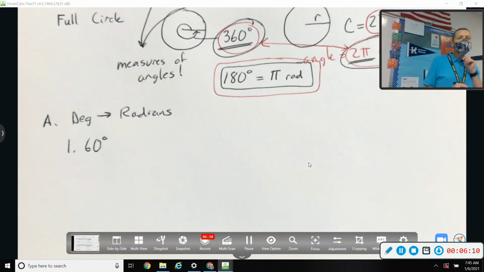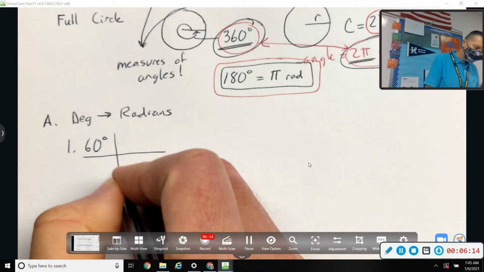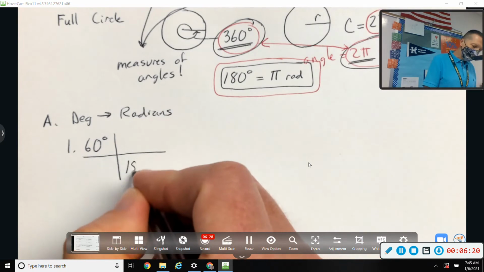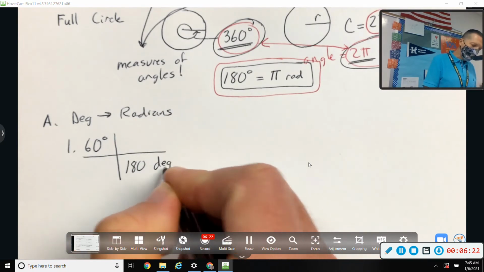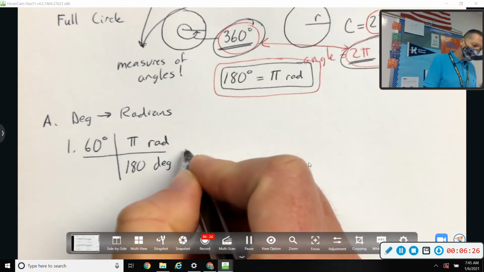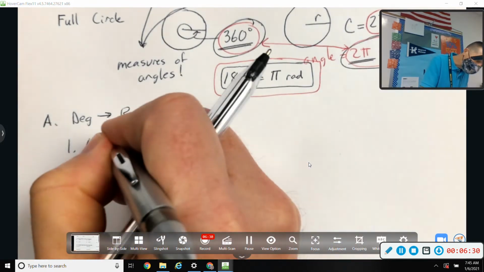So if I want to convert 60 degrees into radians, well, I want the degrees to go away, so I need the degrees in the bottom. So 180 degrees is the same thing as pi radians. And again, I put it that way because I wanted the degrees to cancel.